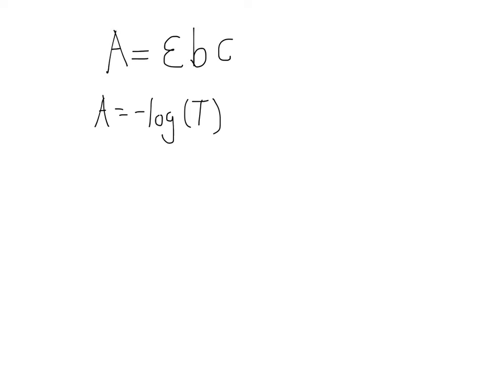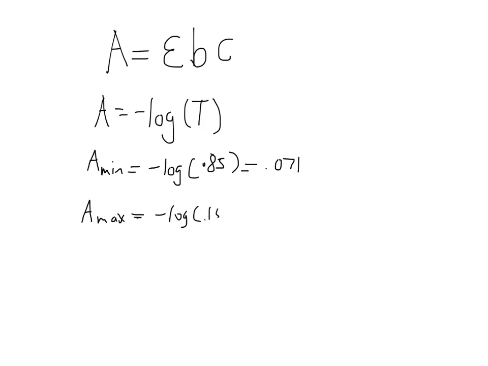For the two we want to look at, the lower absorbance corresponds to the transmittance of 85%. To find that, we do negative log of 0.85, which equals 0.071. The higher absorbance corresponds to the 15% transmittance, so we'll do negative log of 0.15, and that equals 0.824.